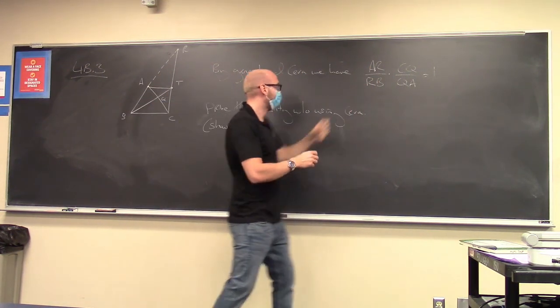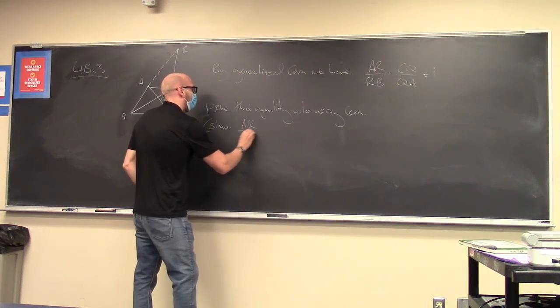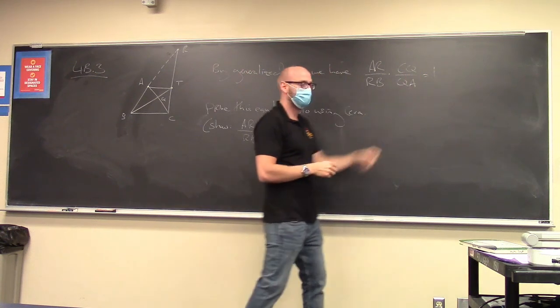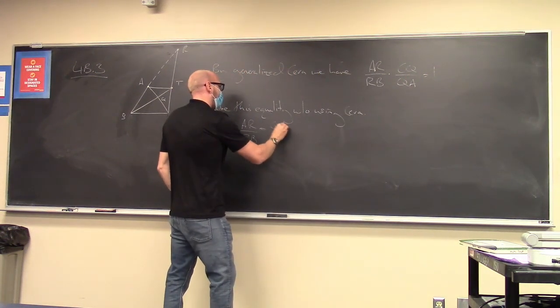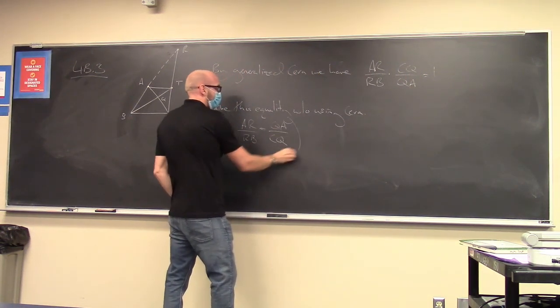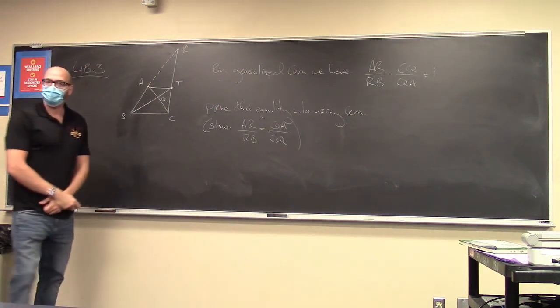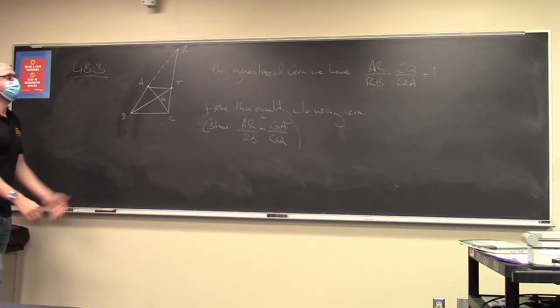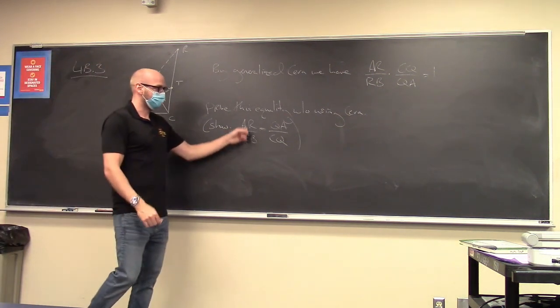I'm going to show AR over RB is equal to QA over CQ. And looking at a statement like that, I'm immediately thinking similar triangles, because it looks like ratios of sides.